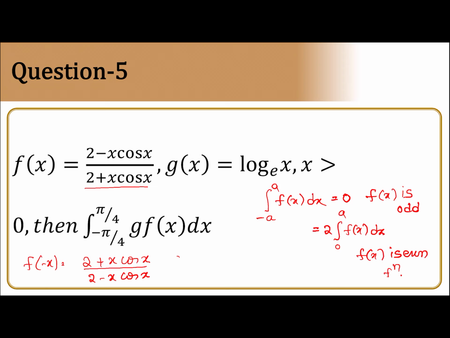Now, what you are doing is log of f of x. Log of 2 plus x cos x divided by 2 minus x cos x is nothing but minus log of f of x. So clearly it is an odd function.